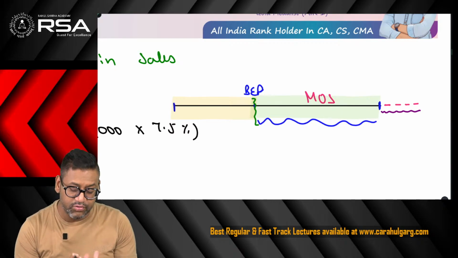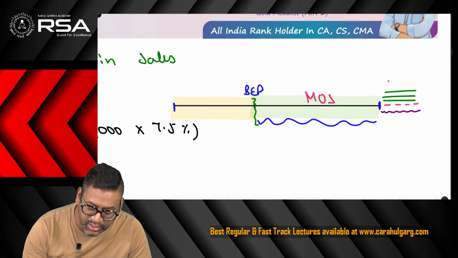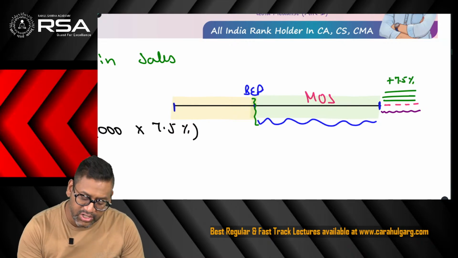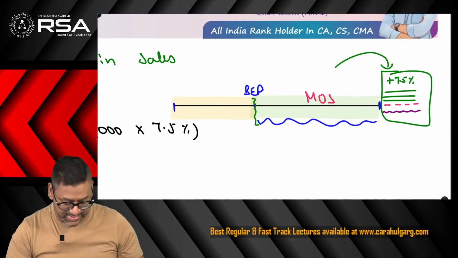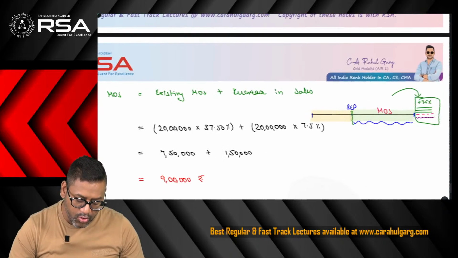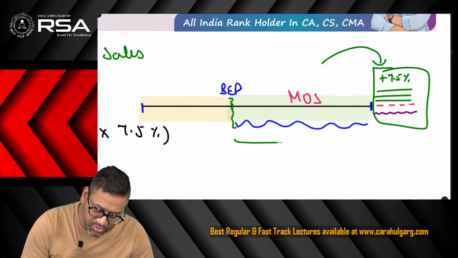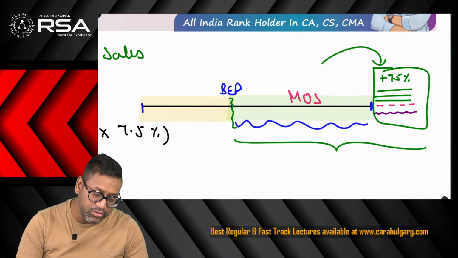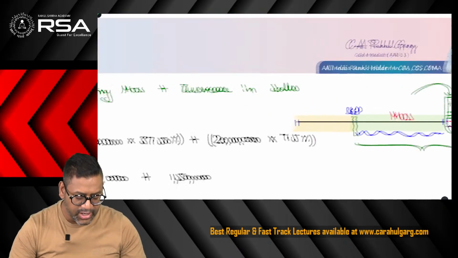Now the question says what will be the new MOS if we increase the sales by 7.5%. Basically the sales is being increased by this. It's very simple, whatever addition is being done will be the addition to the MOS. Anything beyond break even is the MOS. So the existing MOS, which was 37.5% of the sales, plus now 7.5% which is being added to the sales.